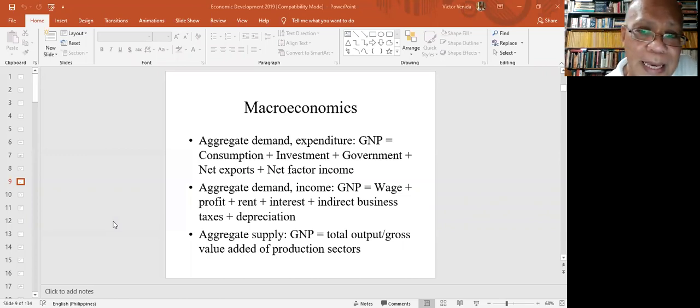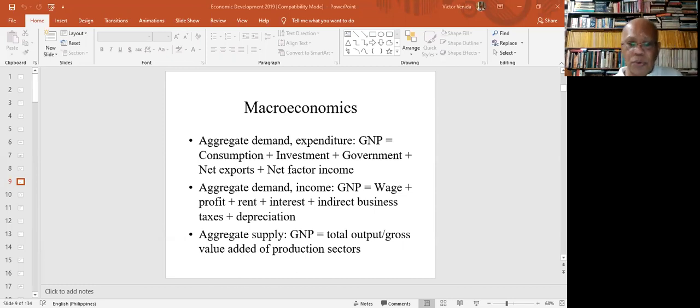Okay, and they're equal especially when the goods are exchanged, when you have a purchase. So therefore in GNI accounting, there are three main equations, two on the demand side, one on the supply side, and these three are always equal.